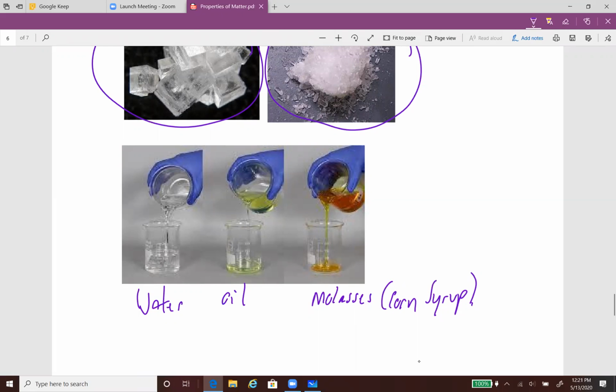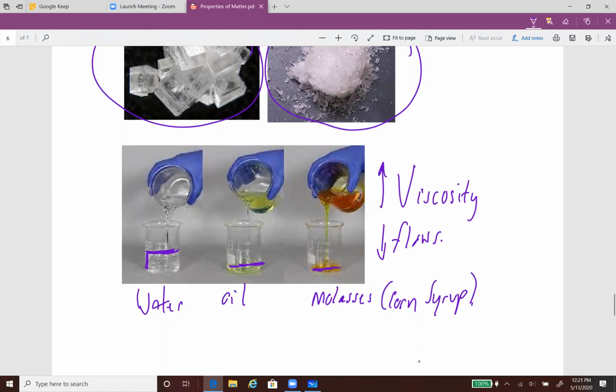So if something has high viscosity, that means it flows very slowly. If I compare, for instance, this beaker, you see the water is at about there, whereas the oil is at about there, whereas the molasses or corn syrup, I'm not really sure what this is, is about there.